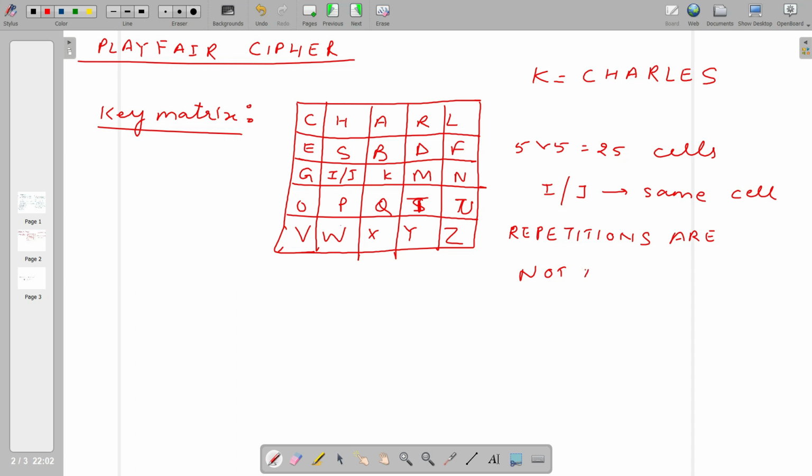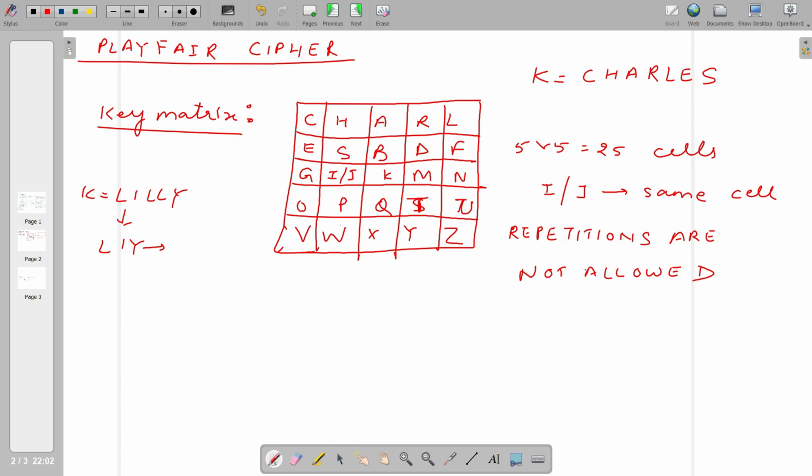For example, if in your key there is a letter which comes twice or thrice, you will write it only one time. For example, if your key is LILLY, then the key becomes LIY only. You will fill only 3 cells with the key. No repetition is allowed.